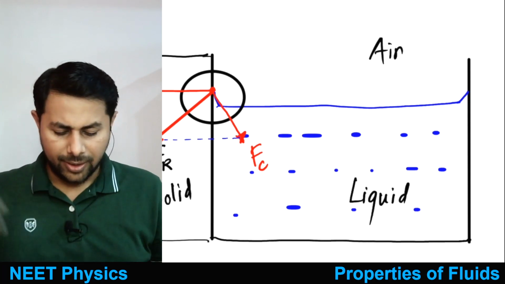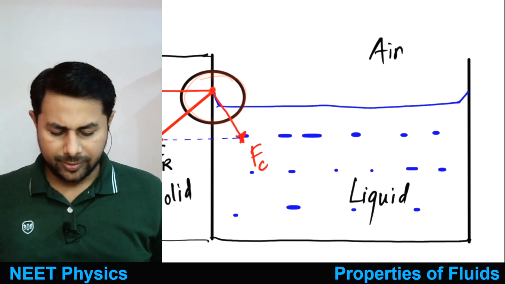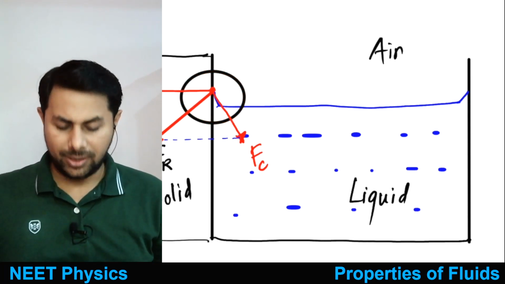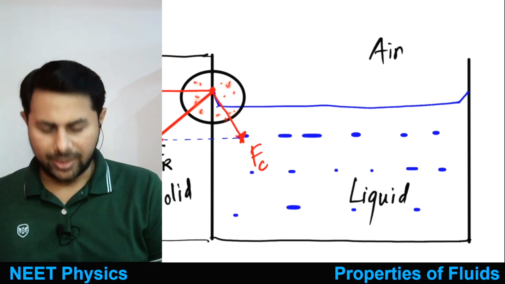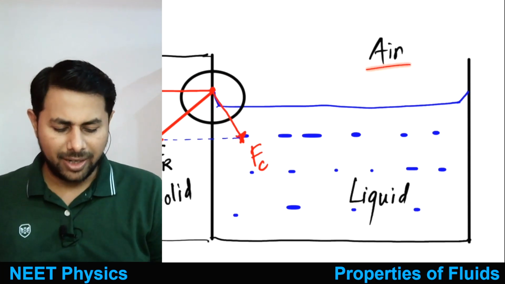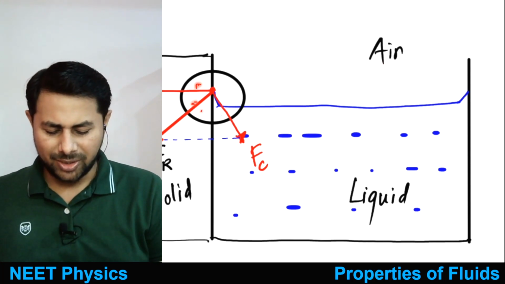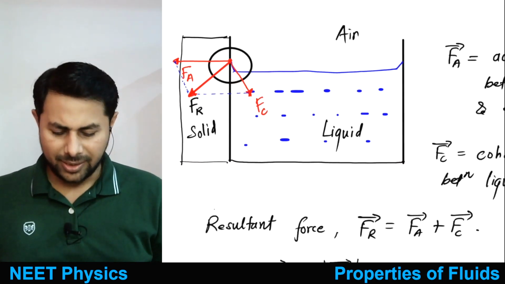If you draw a sphere of influence for this one, there are three kinds of molecules in that sphere of influence: solid molecules, liquid molecules, and air molecules.